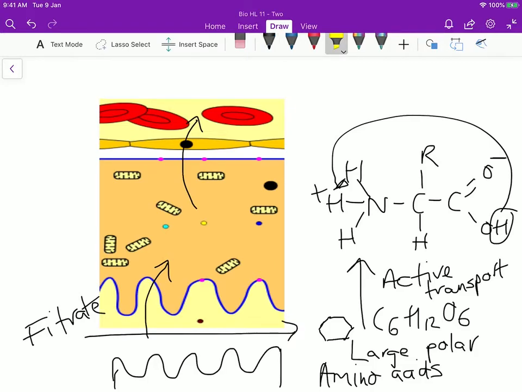So this is going to again be active transport of amino acids.